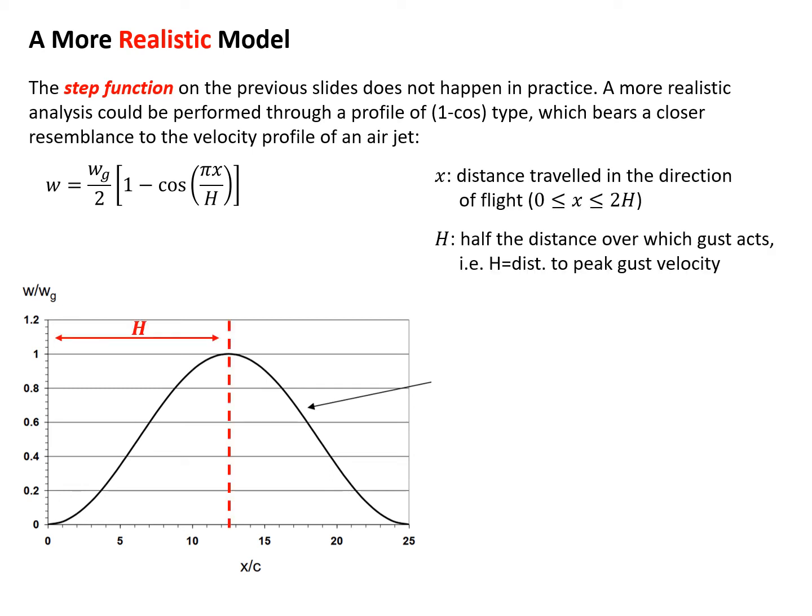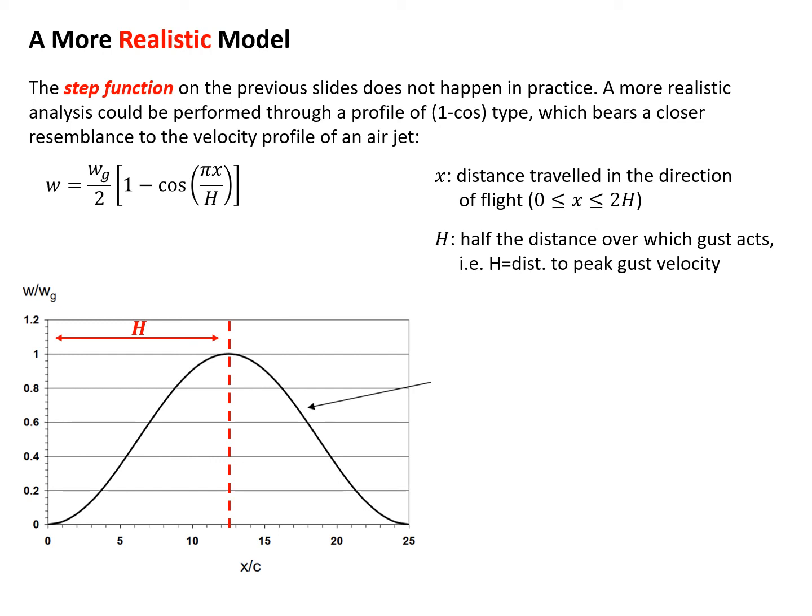Okay, and x is actually the distance traveled in the direction of flight, and c is the mean aerodynamic chord. In this plot, x is within the range from 0 to 2h, and you can see h here is half the distance over which the gust acts. So the gust spans about 2h, and in this specific problem, it covers a length of 25 c.